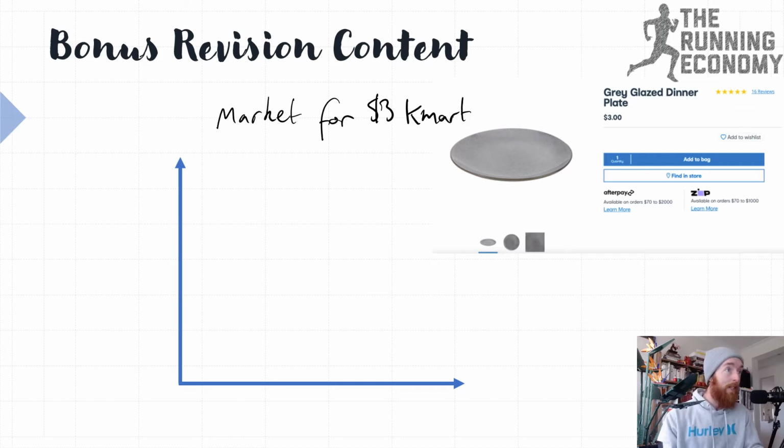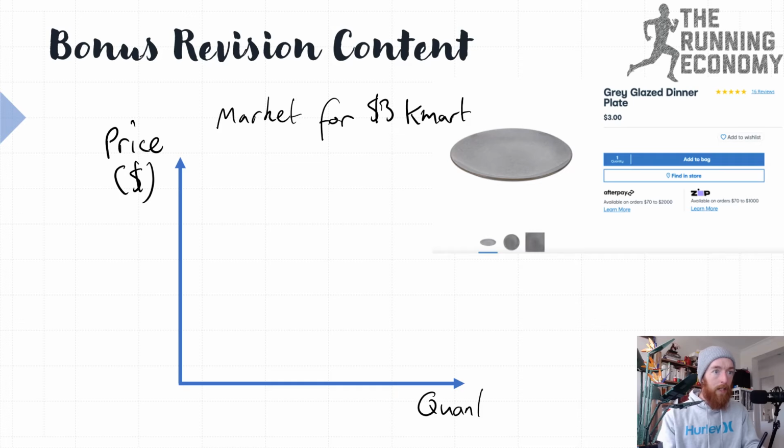But if we look at this, we're going to fully label our supply and demand diagram. So we're going to have price, and our title there. Our price is in dollars. We are going to have quantity demanded over here. I have not used this drawing pad in a while, and I have missed it. This is satisfying.